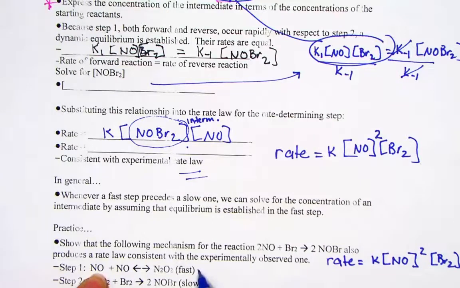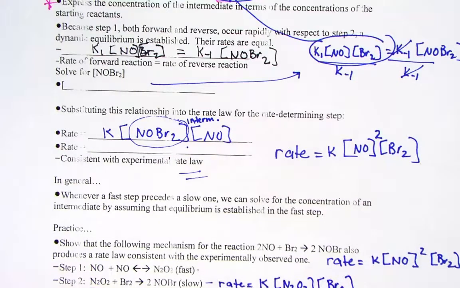The observed rate law would match if it were a slow step. In the next step, that intermediate that was produced gets consumed by hitting it with that third molecule of bromine, producing 2 units of NOBr, and that would be the slow step. The rate law comes from the slowest step, so this is what we know so far: rate is equal to K times the concentration of N2O2 times the concentration of Br2.